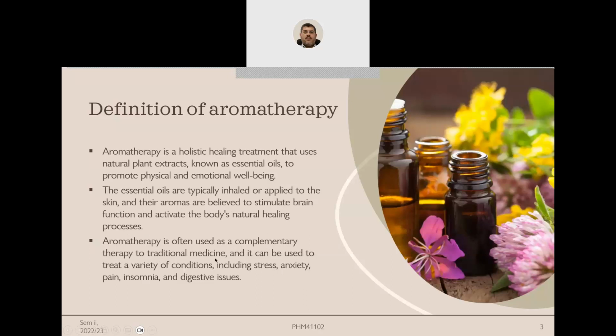It can be used to treat a variety of conditions, including stress, anxiety, pain, insomnia, and digestive issues. It can be used as a part of traditional medicine, and at the same time is a complementary medicine too. It can be used with conventional medicine.